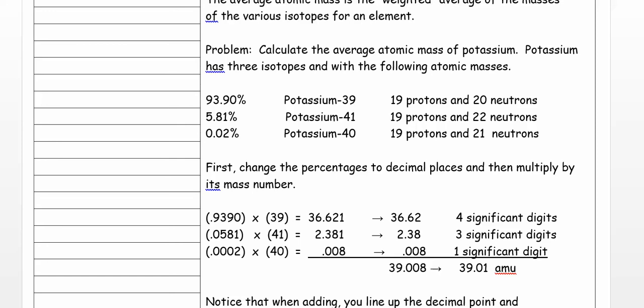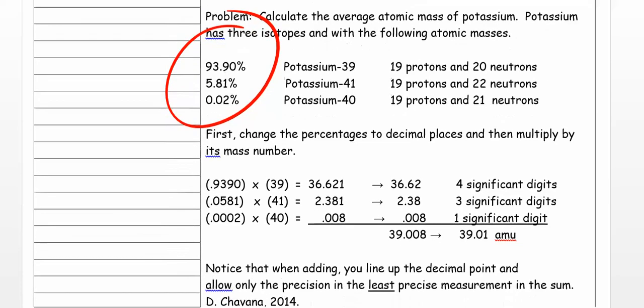So 19 plus 20 is 39, 19 plus 22 is 41, 19 plus 21 is 40. But they're not present in the same abundances. Potassium 39 is present in the universe in this percentage, 93.9%. Potassium 41, 5.81%. And potassium 40, only 0.02. So we're going to use these weighted averages to help us calculate the average atomic mass.